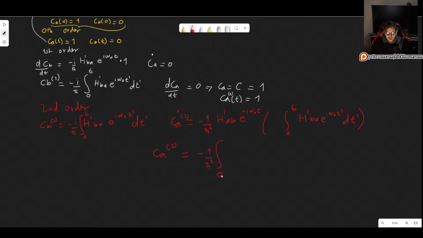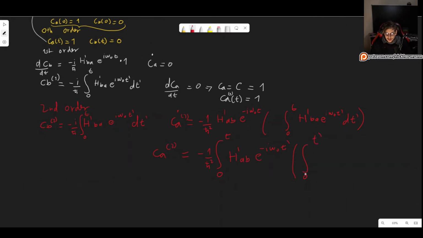So we go from 0 all the way to t here. I'm going to use a very careful notation. Then we have H prime AB e to the minus i omega 0 t prime. Then we go into this other integral, which goes from 0 and now goes to t prime.